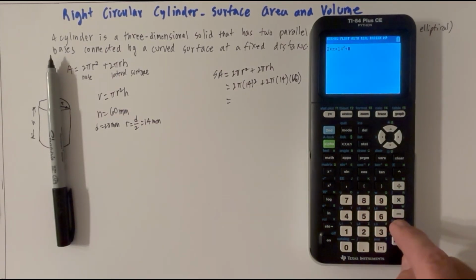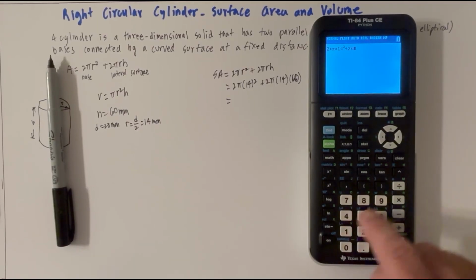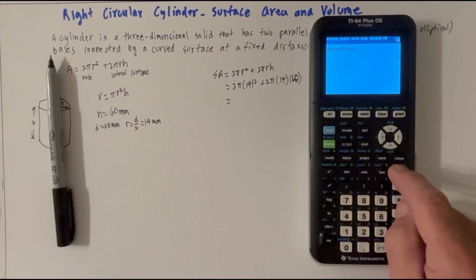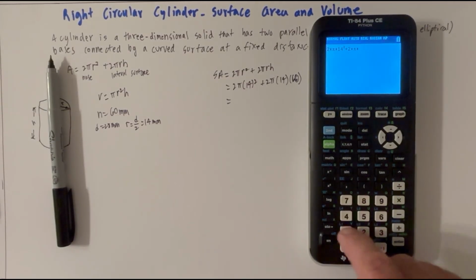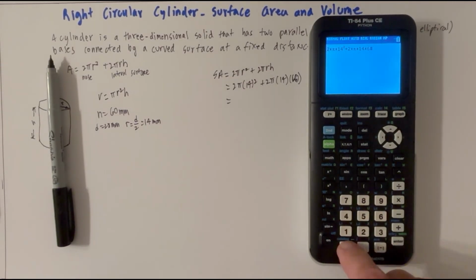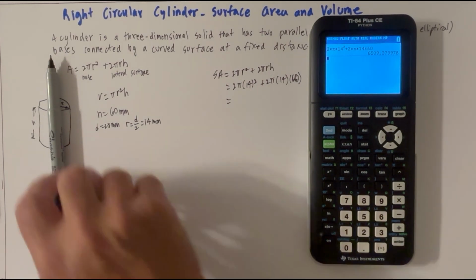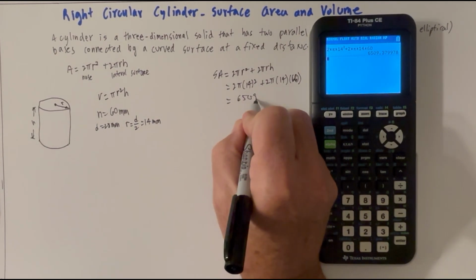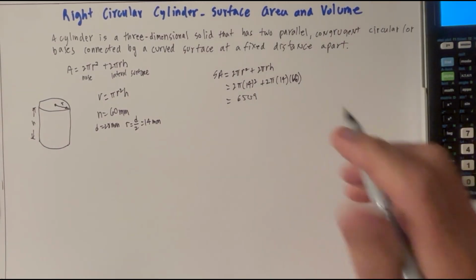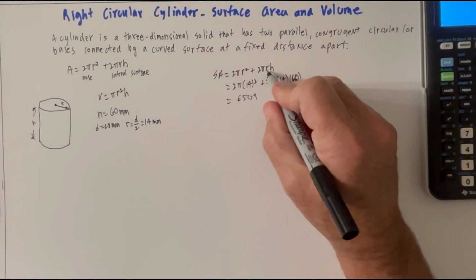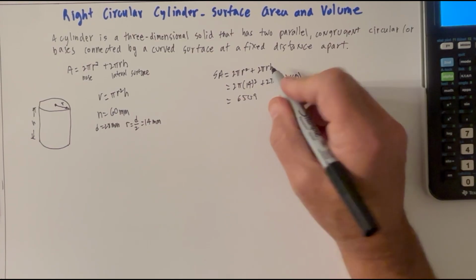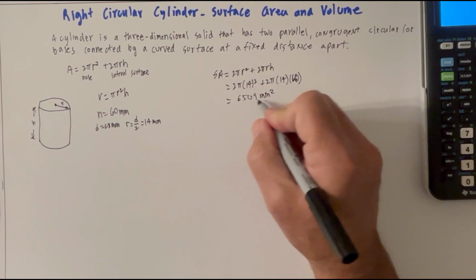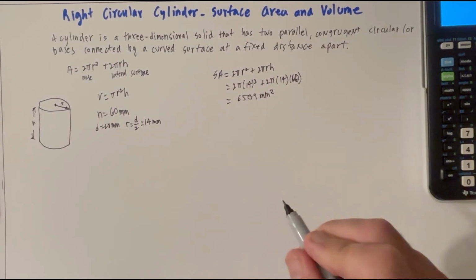We want to add to that 2 times pi times 14 times 60. Hit enter. So that's 6509. And since that's surface area, this is millimeters times millimeters in both cases, so it's going to be millimeters squared. And I just rounded this off. That's plenty of significant digits.